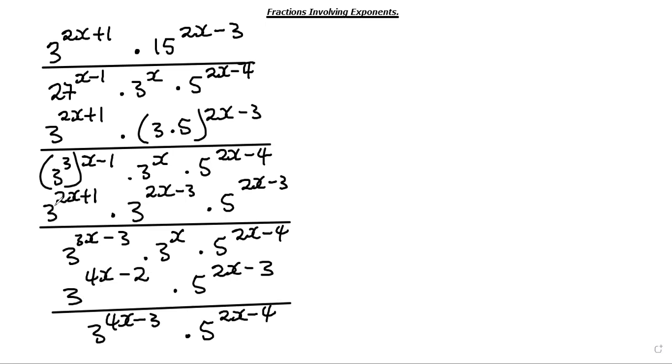So you say, before it became this, it was once 3 to the 4x times 3 to the negative 2. Then you say times. Before it became this, it was once 5 to the 2x times 5 to the negative 3.